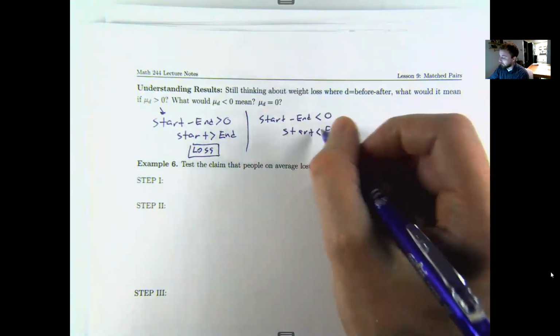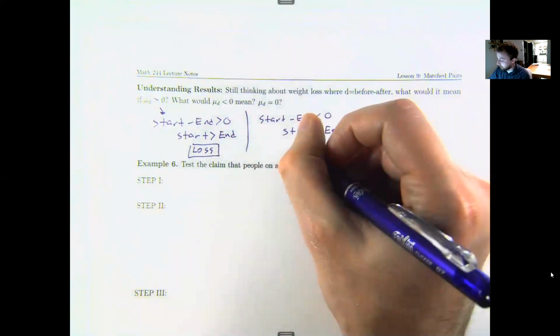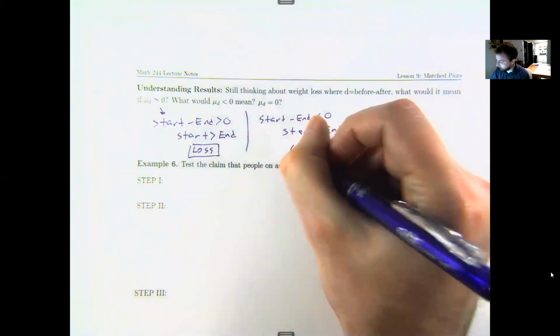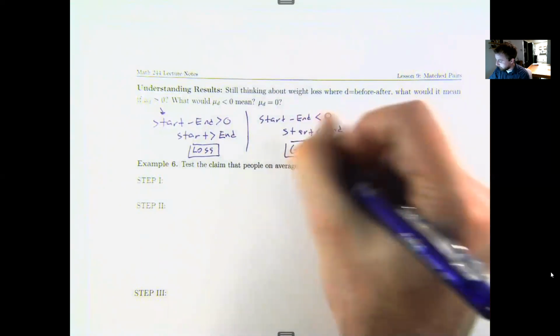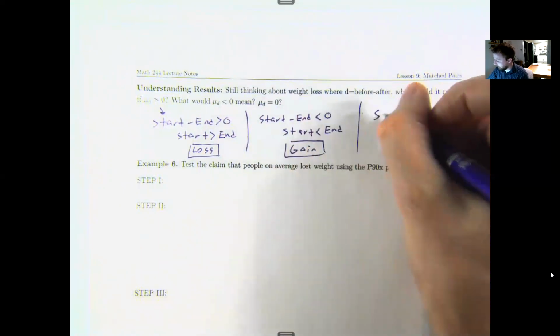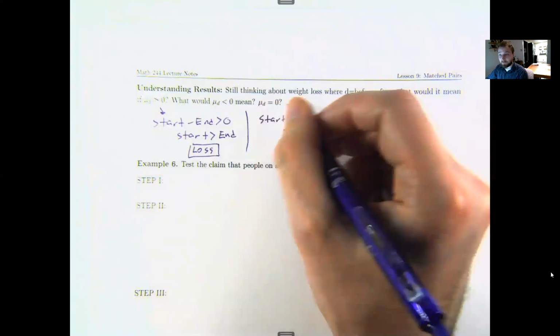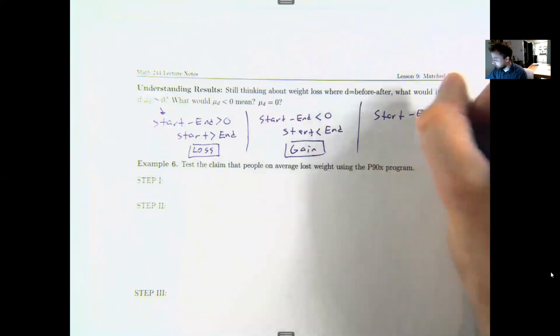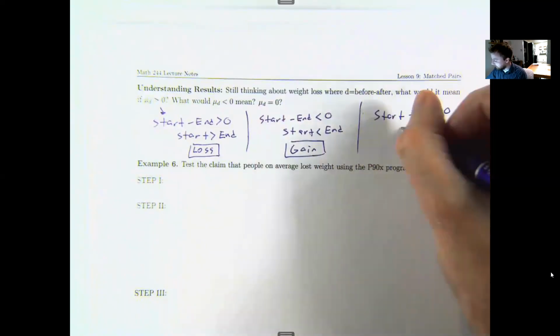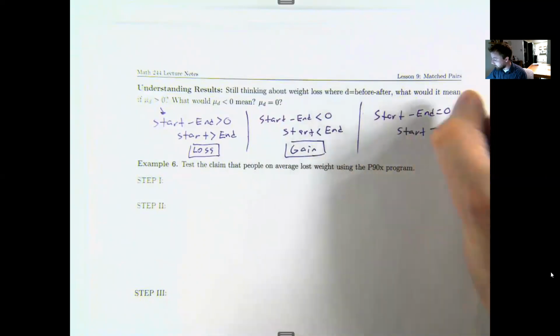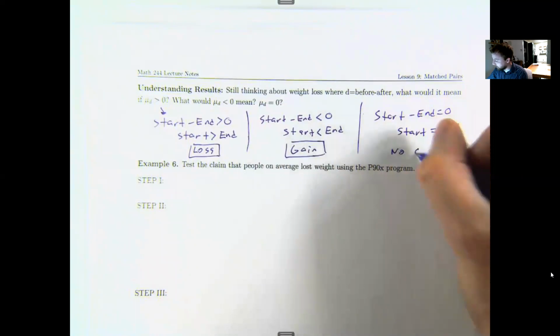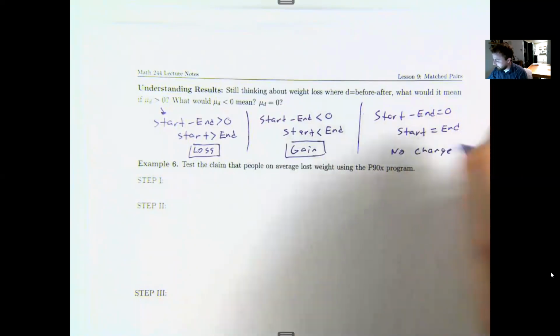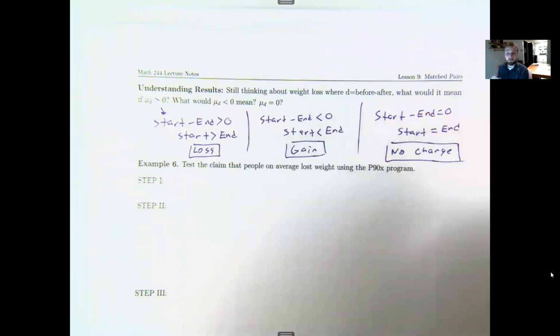If the starting weight is smaller than the ending weight, then they've gained weight by the end of the program. And finally, if I have the average difference is equal to 0, that's telling me the starting weight looks like the ending weight. In other words, there appears to be no discernible change in their overall weights.